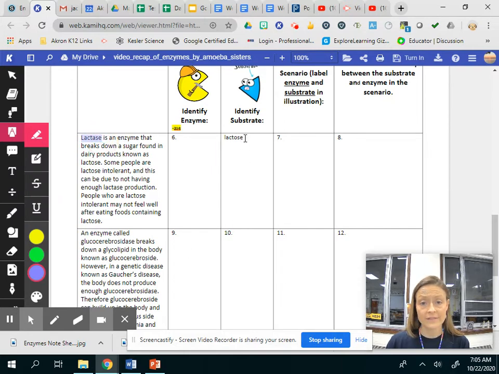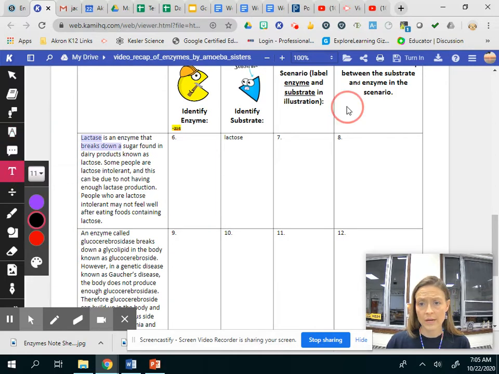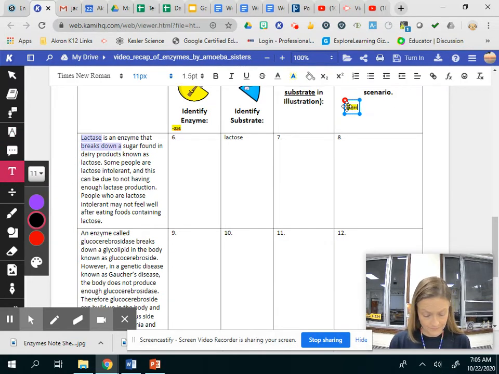They already identified the substrate for you, lactose. And then you're going to draw a picture of what's happening. And it's talking about breaking it down. Okay? So you have to decide, is that digestion or is that a synthesis reaction? So we're trying to decide here, digestion or synthesis. What kind of reaction are we looking at there?